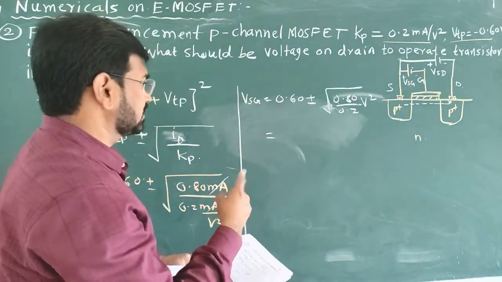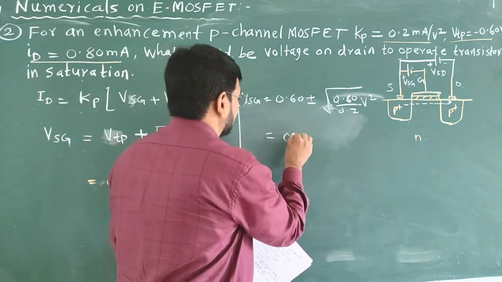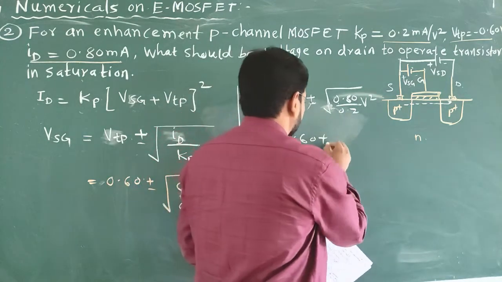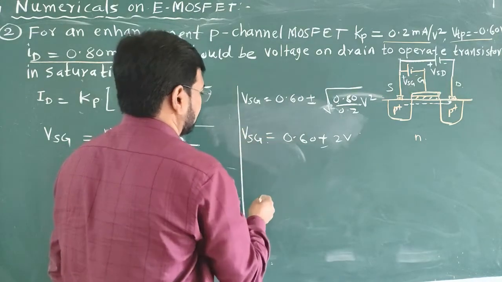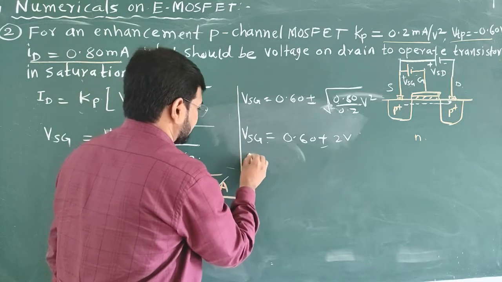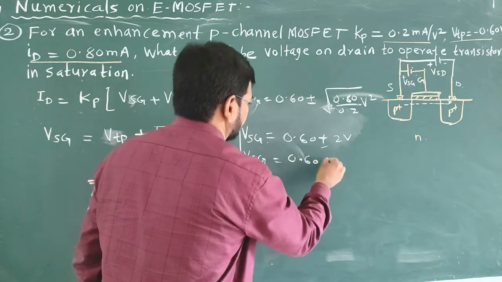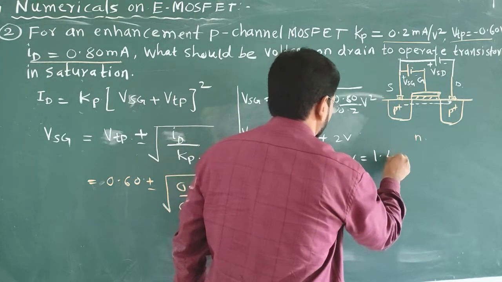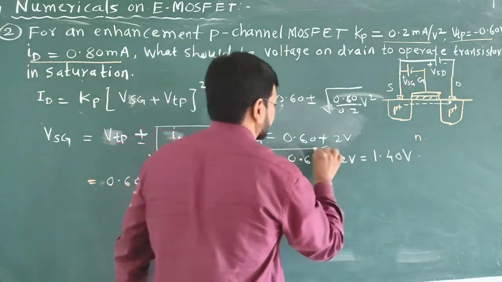When we are adding and subtracting, as it is a quadratic equation, we have 0.60 and the solution for this is plus minus 2 volt. See, now case 1, when we subtract, VSG is equal to 0.60 minus 2 volts. So it is around 1.40 volts. So this is the first case.